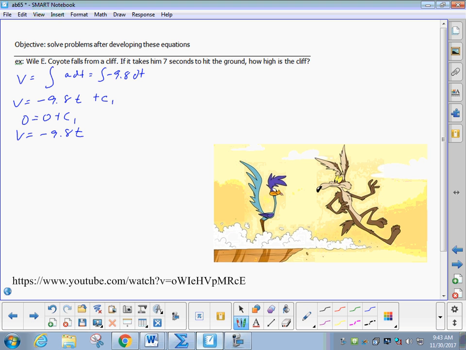Now let's go on to the height. Height is the antiderivative of velocity, which is the antiderivative of negative 9.8 t with respect to time. What is the antiderivative of negative 9.8 t?